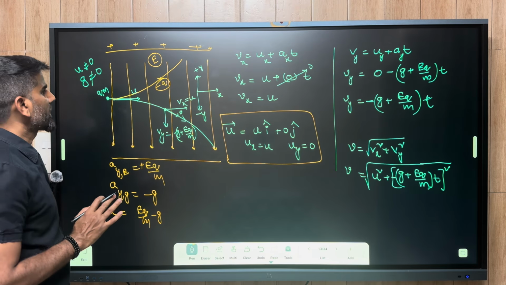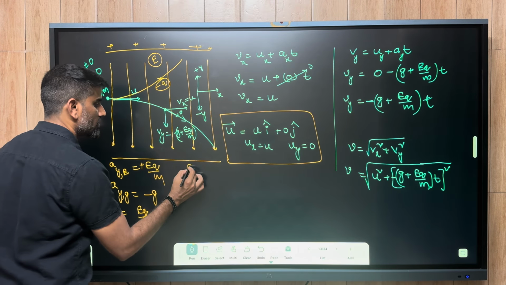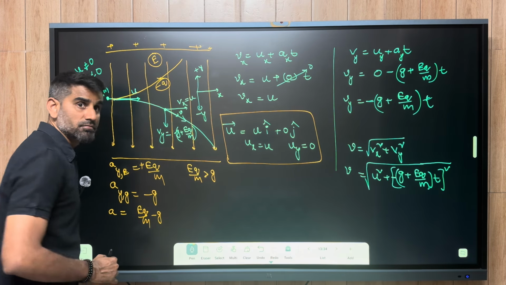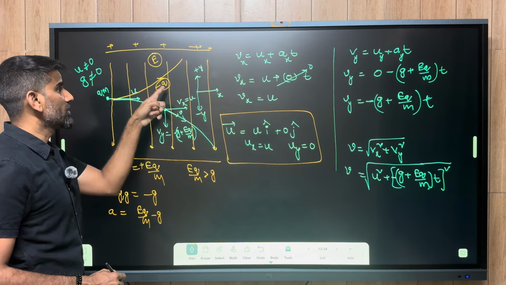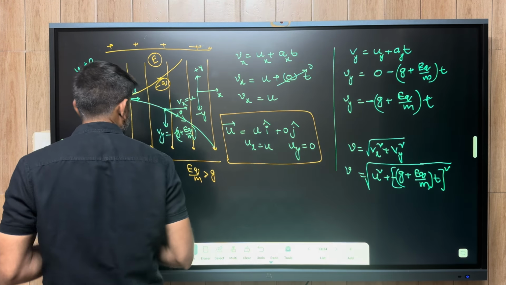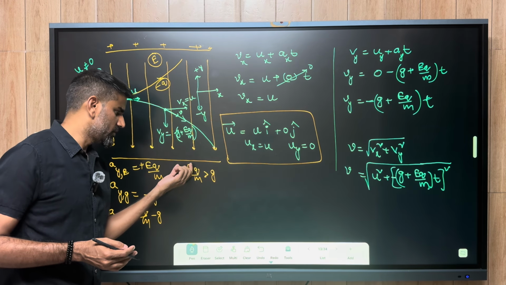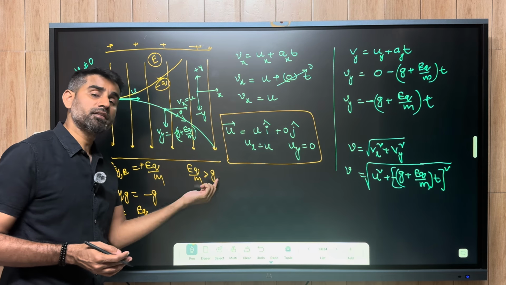Let's suppose I've taken the case where eq by m is greater than g. The acceleration of the charged particle due to the electric field is more than gravity, which is quite possible.